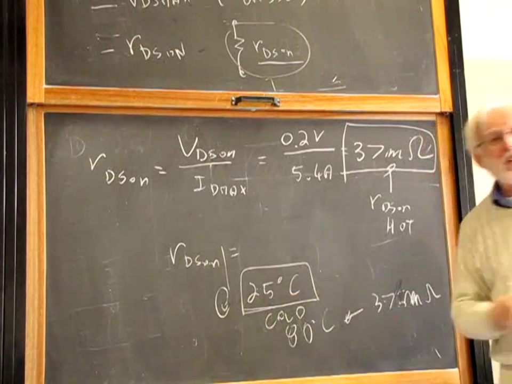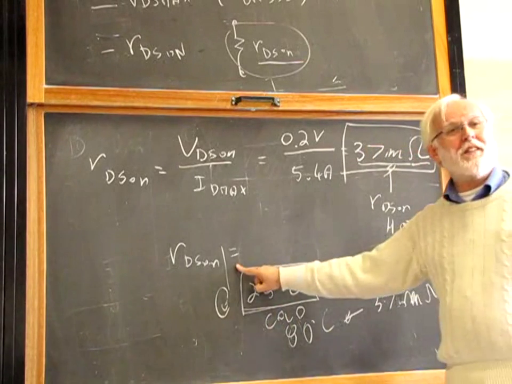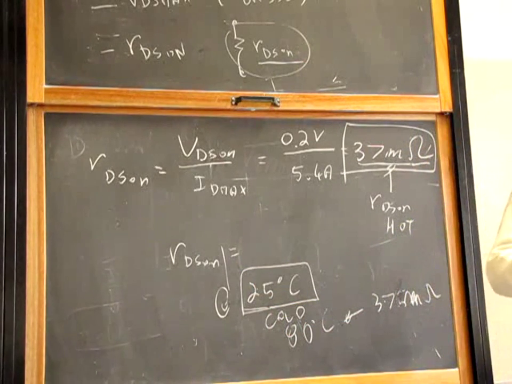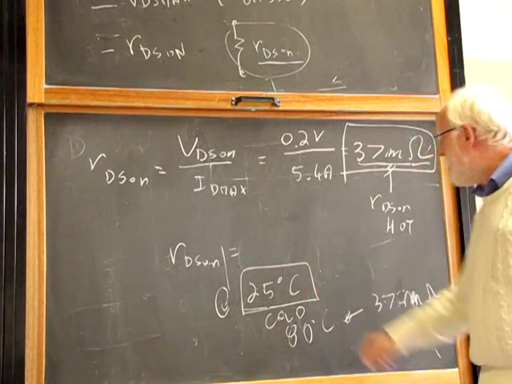And the cold resistance can be 70% of the hot resistance, can be 1/2 of the hot resistance. So if you get 37 as your design requirement, don't look for a 37 milliohm part on the data sheet, because the manufacturer makes the same trick as the car manufacturer. It gives you the good number, but in conditions where the transistor is not working. At 25 Celsius, the resistance is quite low.